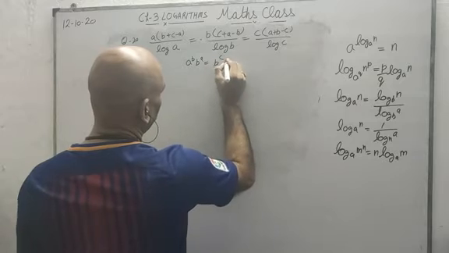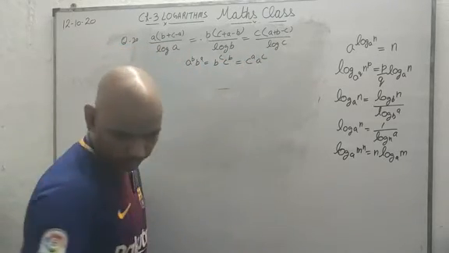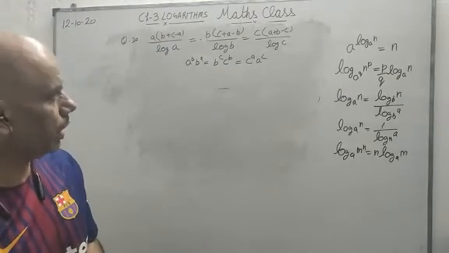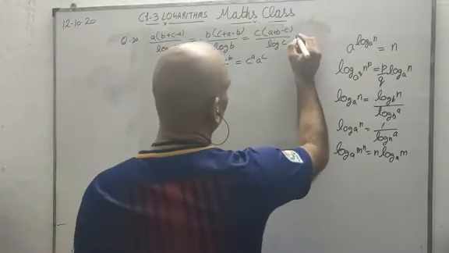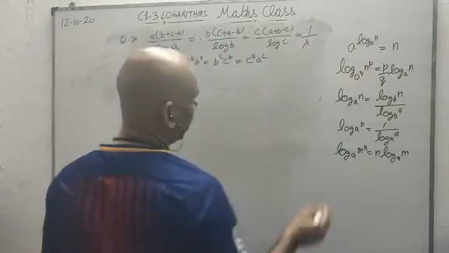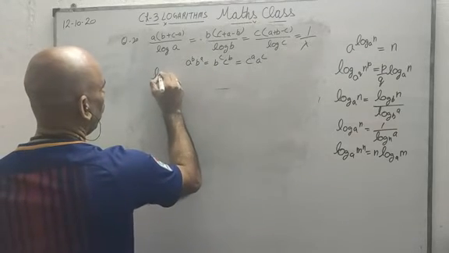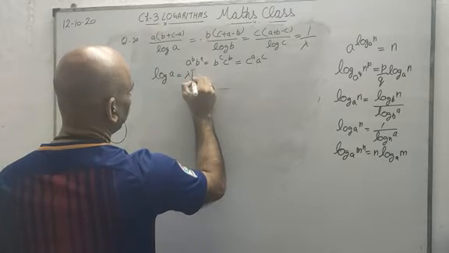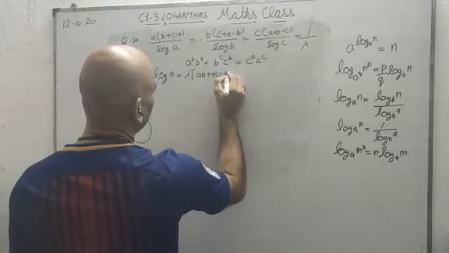Then b to the power c and c to the power b, c to the power a and a to the power c. Yes, it is equal. He is asking that these are equal. Now what to do? This time you take them equal to 1 upon lambda. Then my log a will be lambda times ab plus ac minus a square.